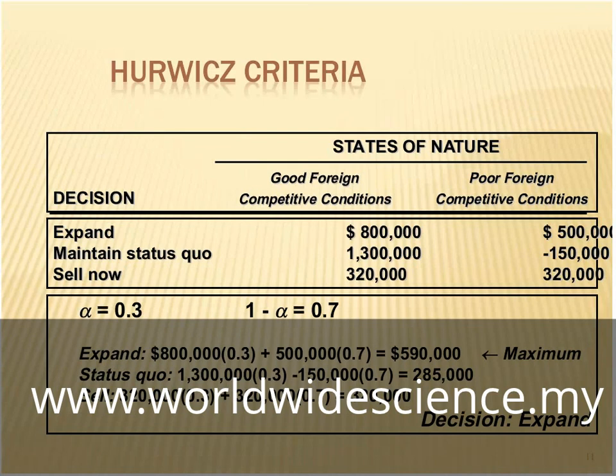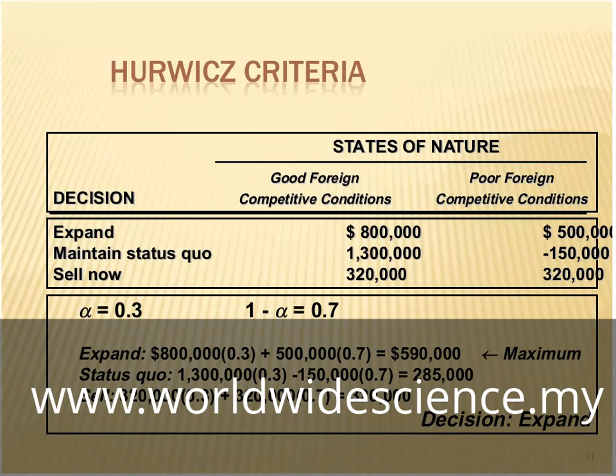And in the fourth, you should allocate a coefficient of optimism to each of the states of nature. For example, for good foreign competitive, your optimism is 30%. That means 0.3.